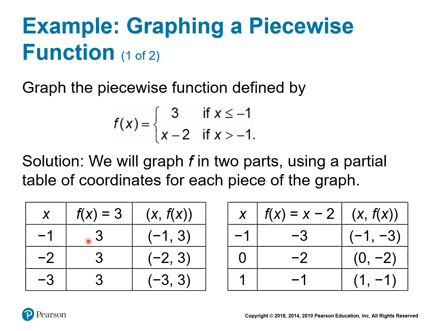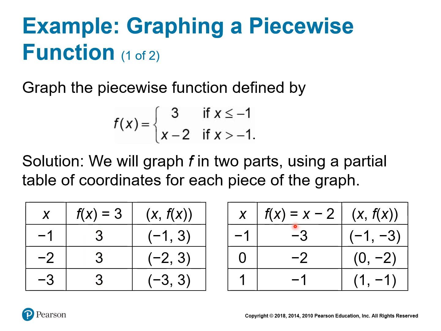So -1 comma 3 is one ordered pair. -2 comma 3 is the second ordered pair. -3 comma 3 is the third ordered pair. So because it's a constant value, no matter what value x takes, y will always be the same constant value 3.